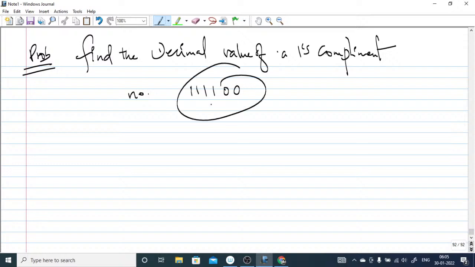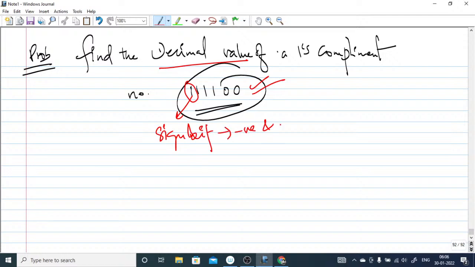They have given you the ones complement representation, and you have to find the decimal equivalent. So this is also easy. Again, see that this is the sign bit, and it is 1, which means it is negative and in ones complement.